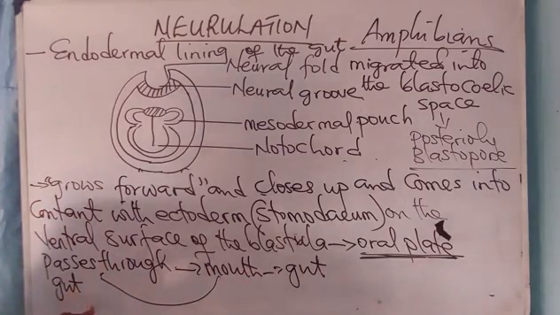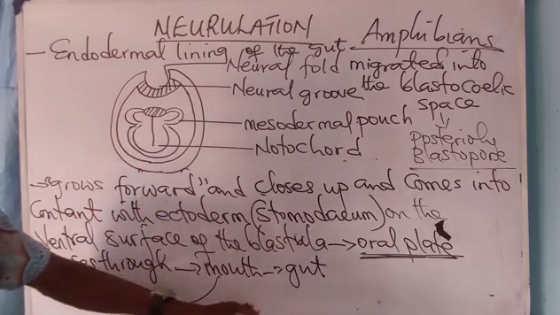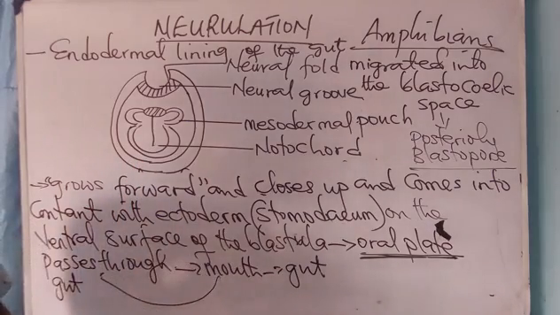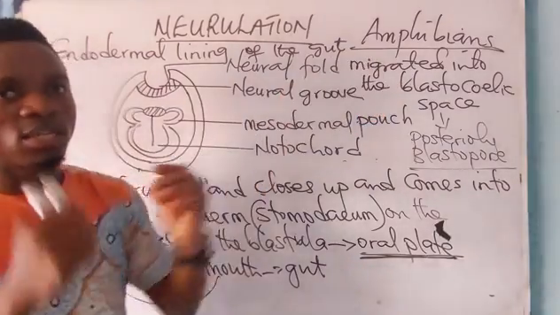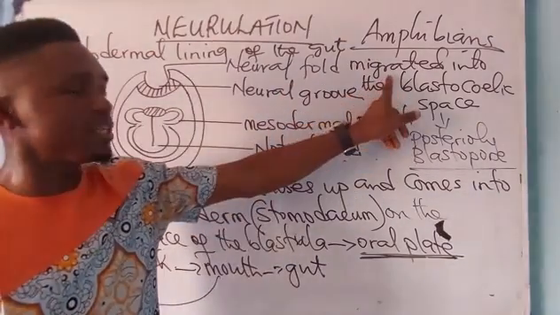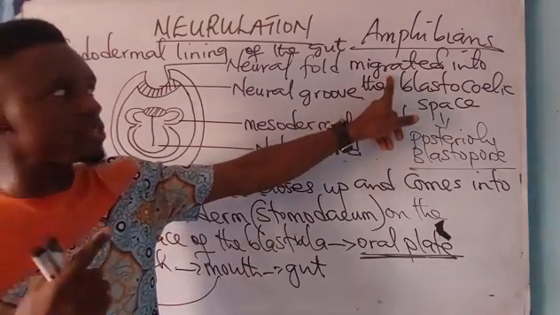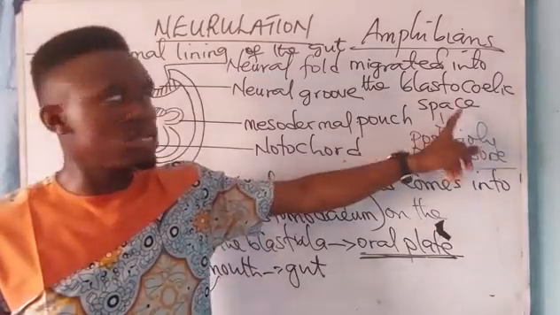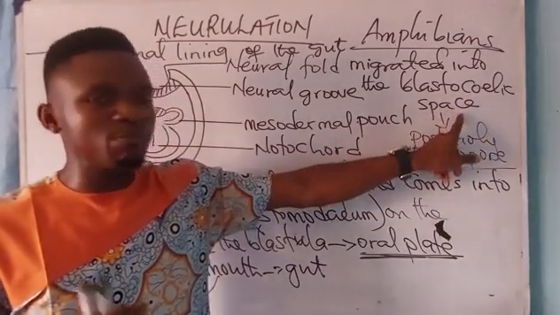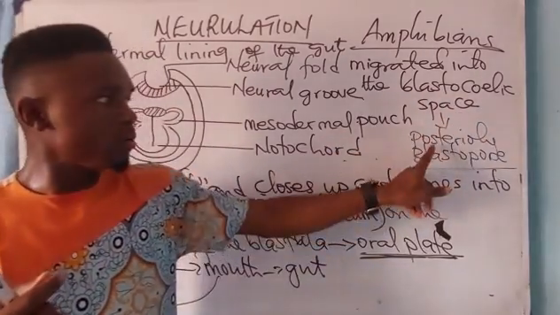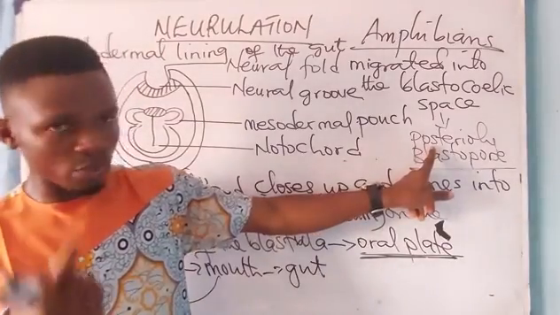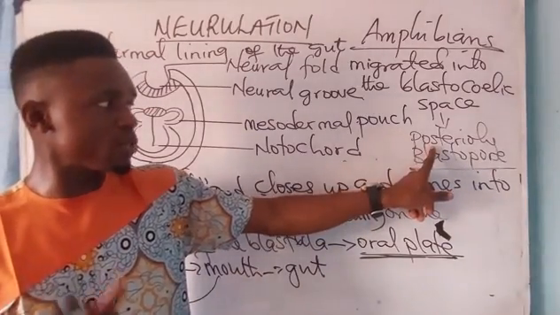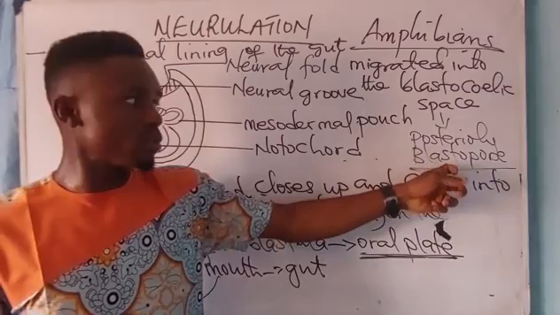Then after which, what will now happen? I said that during the formation of the mesoderm in amphibians, the cells will invaginate or migrate inward into the blastocoelic space. You know, this blastocoelic space is made up of what? Fluid. Posteriorly, like downwards, that is from the bottom of the blastula, is what? The blastopore.